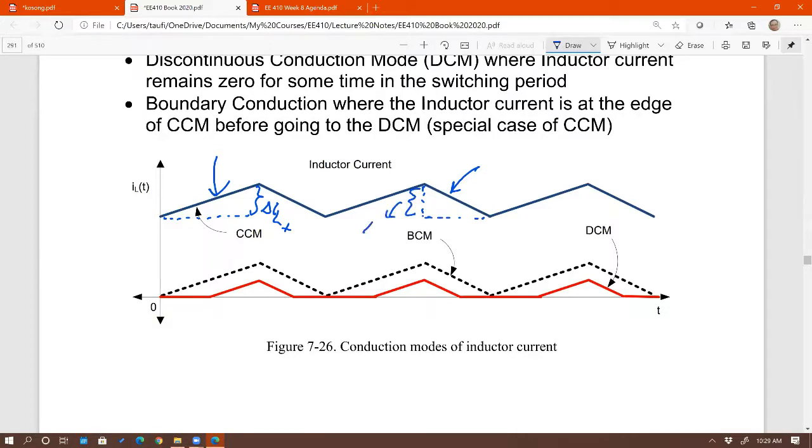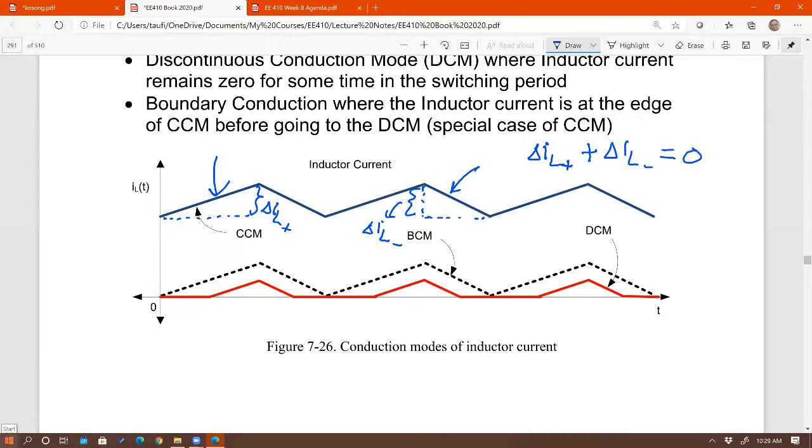I call it delta IL minus. So do you agree with me that in steady state, delta IL plus plus delta IL minus should be equal to 0?